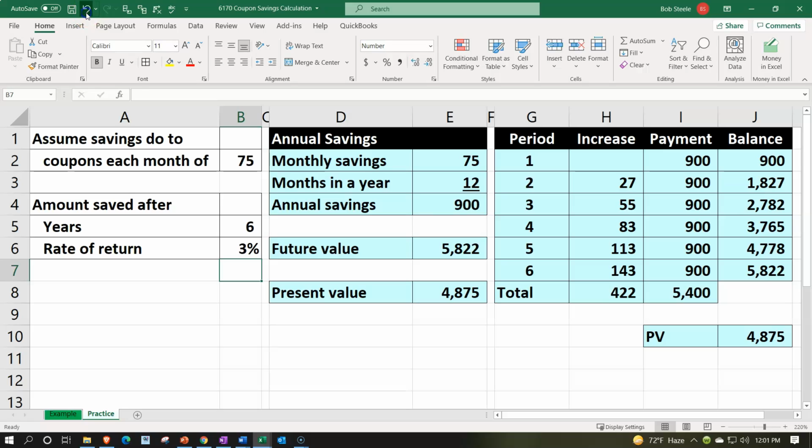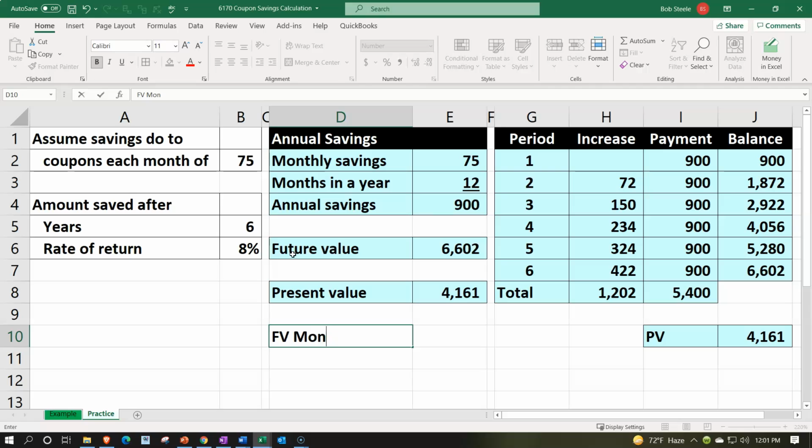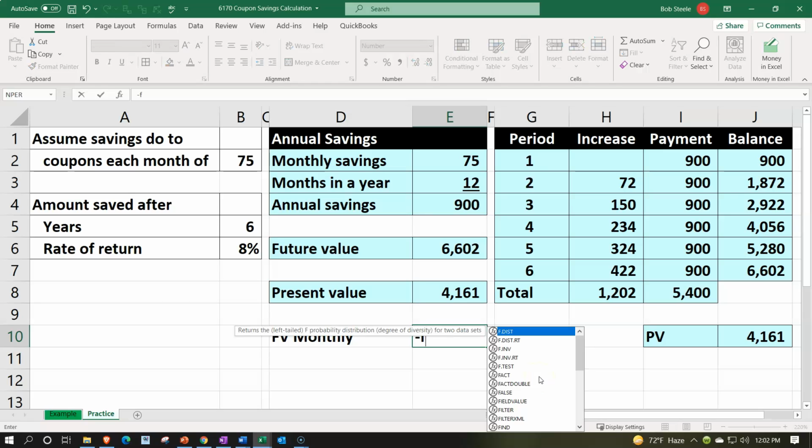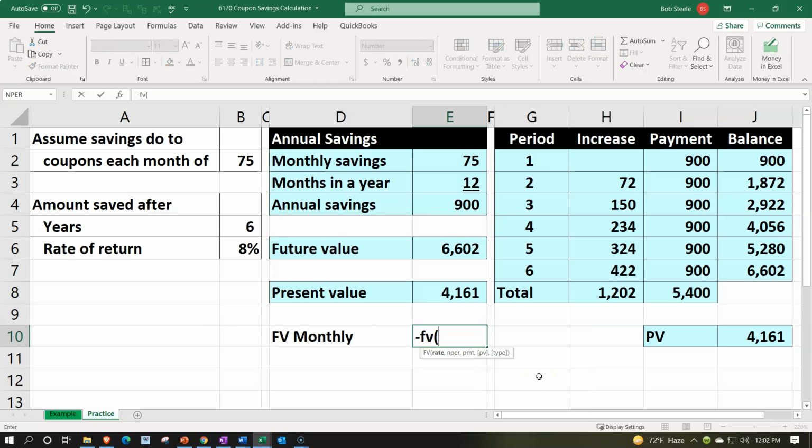Now, also note that we kind of estimated this to be annual. You could do it on a monthly basis, just so like if I did this future value monthly, so that we're compounding monthly, it would look something like this: negative future value, shift 9. The rate would be the 8%.